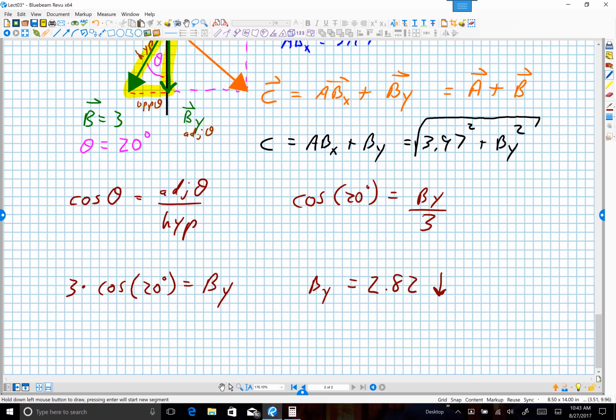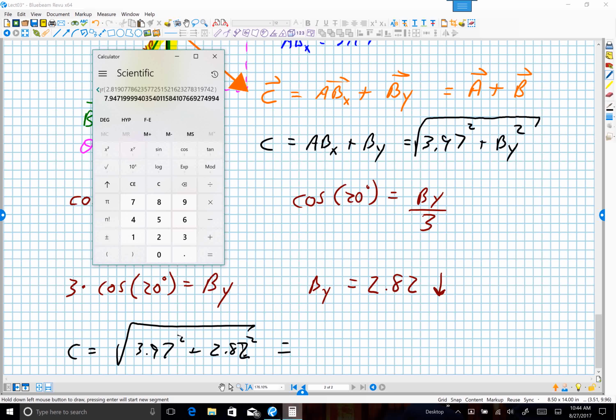And it's pointing down, right? So I now know that C is the square root of 3.97 squared plus 2.82 squared, which is, so I've got 2.82, I'm going to square that, plus 3.97 squared equals, and then I take the square root and I get 6.28.